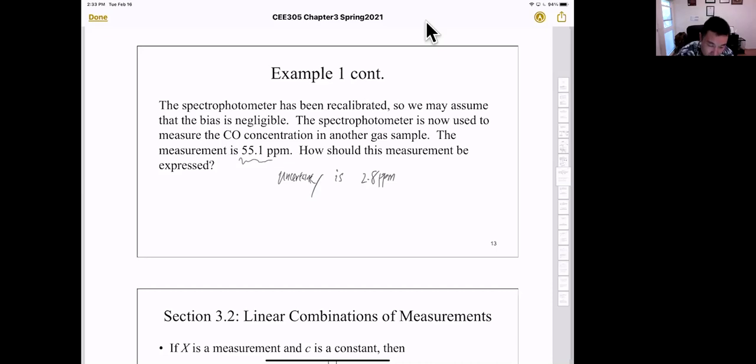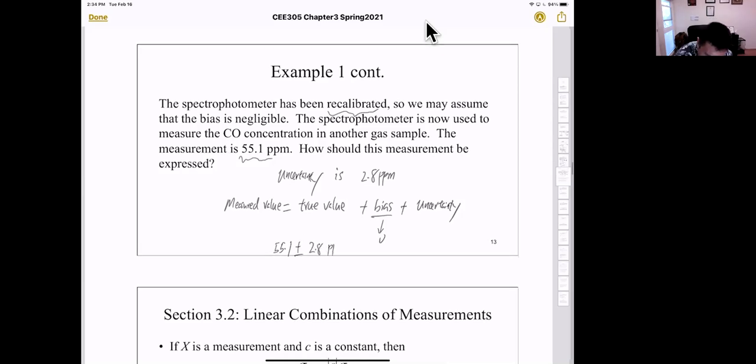Because the measured value is equal to the true value plus bias plus uncertainty, and the bias is 0 because it is recalibrated, the measurement can be expressed as 55.1 plus minus the uncertainty, which is 2.8 ppm.